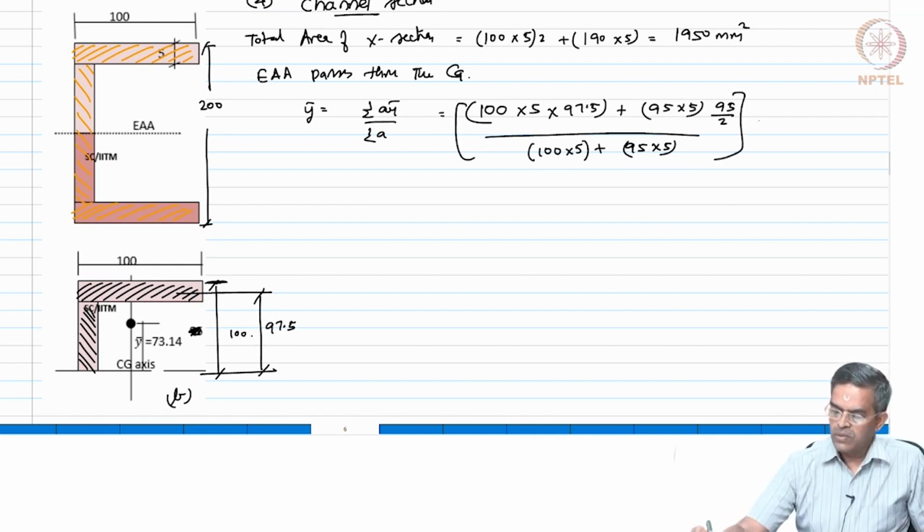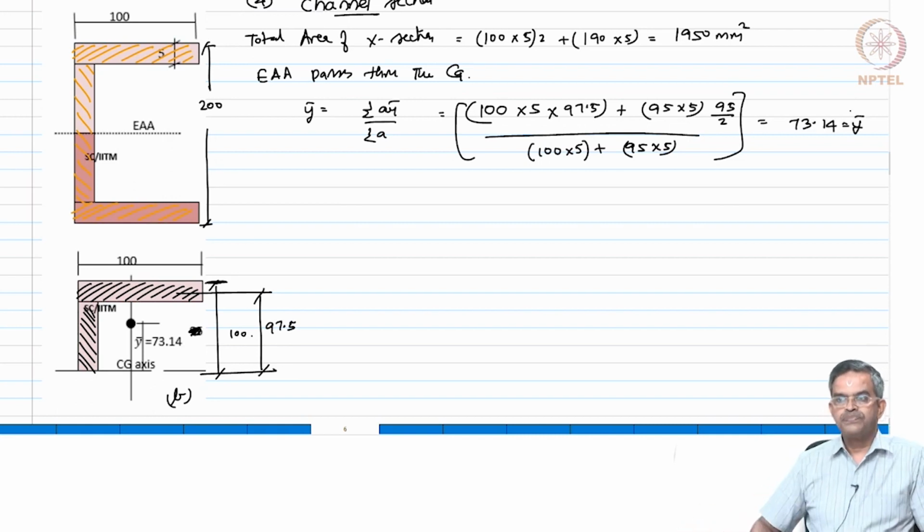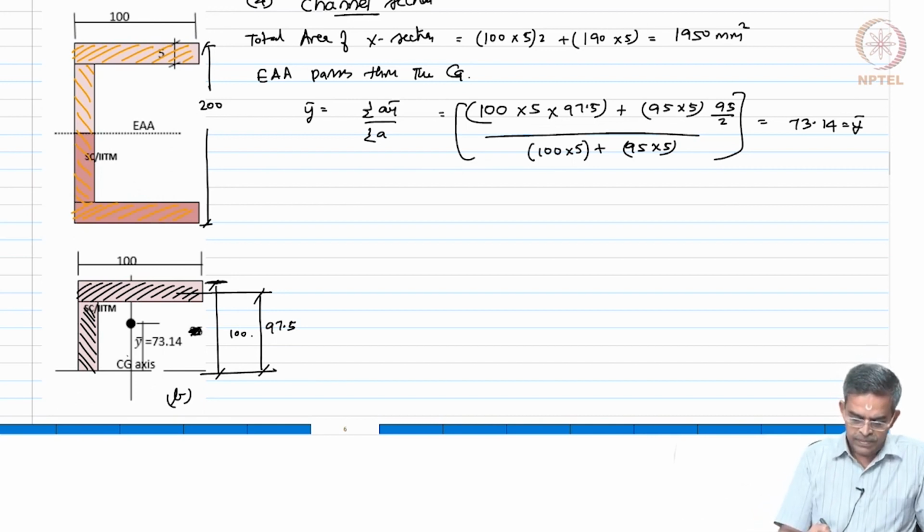If you work it out, you get this value as 73.14, which is y bar, which is indicated here.